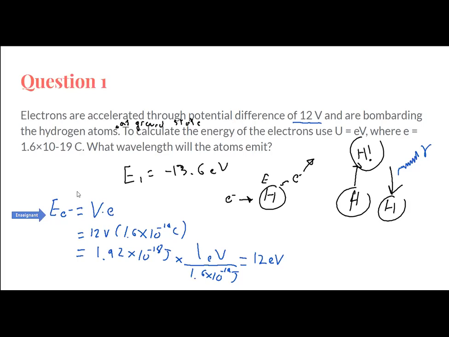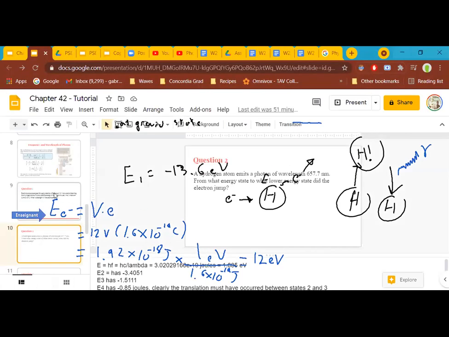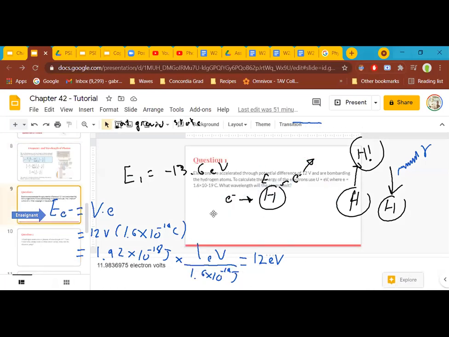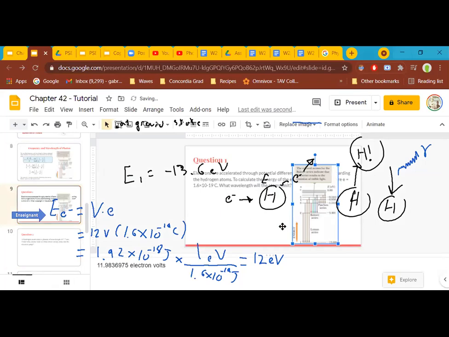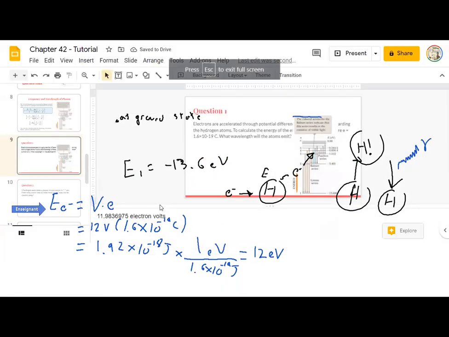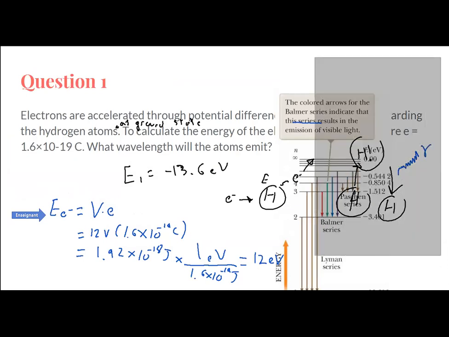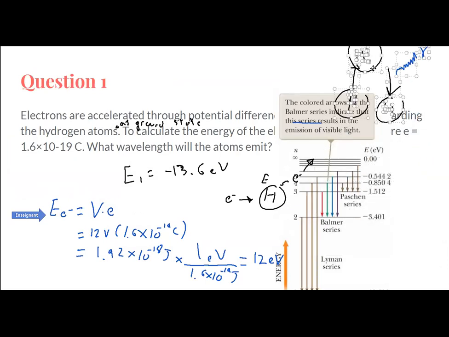If you recall from the diagram, as a matter of fact, let's just bring the diagram over. If you recall from the diagram, the bottom state is at negative 13.6, the second state's at negative 3.4, and the third state's at negative 1.5.